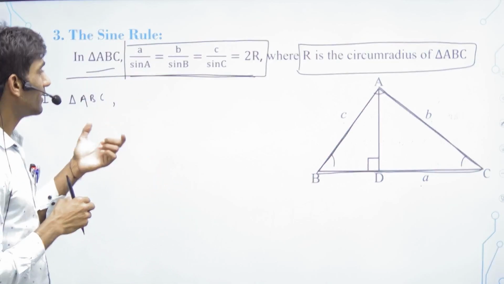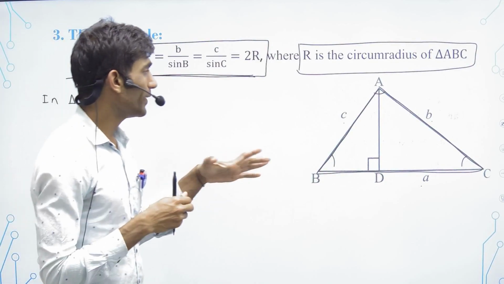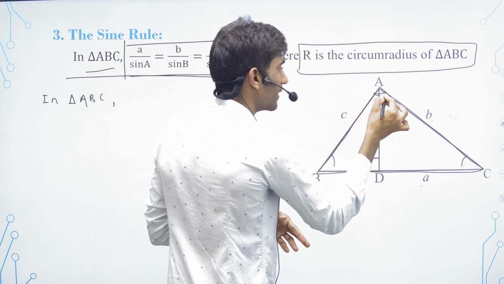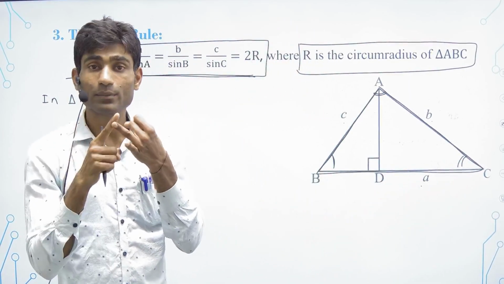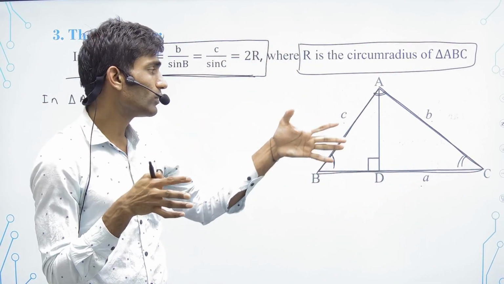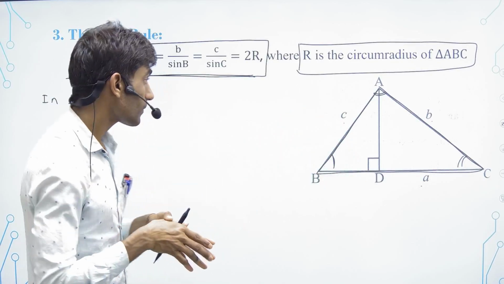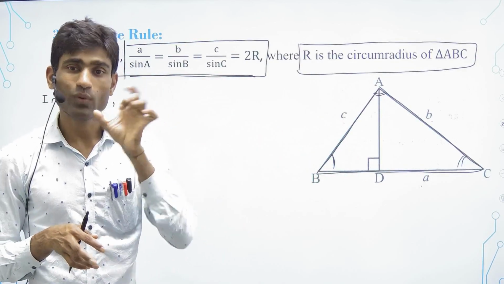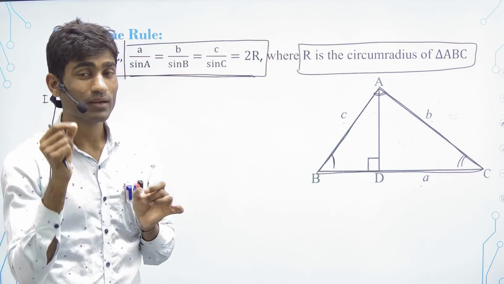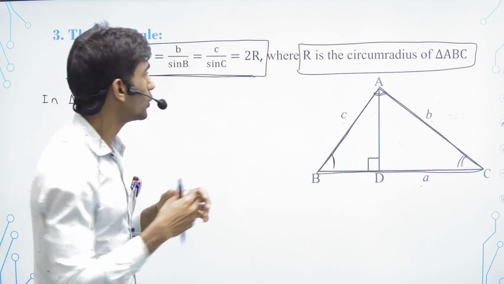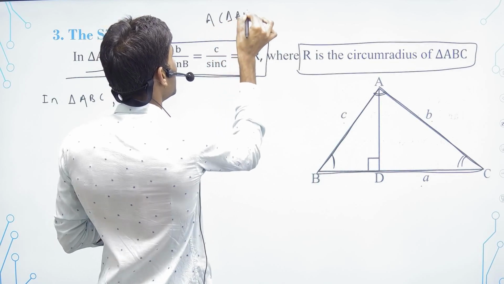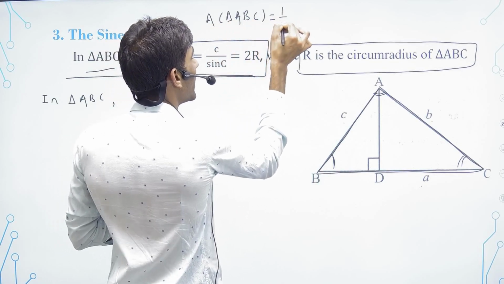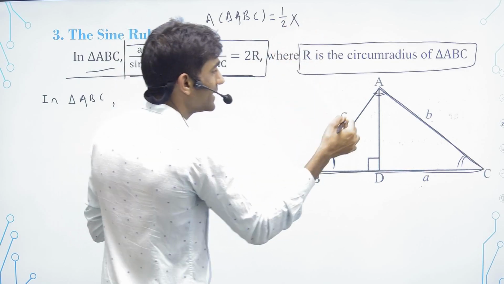Using that triangle, first of all we take the separate angles, angle A, angle B and angle C, and then we'll find the values for these angles. Before starting our proof, I want to prove one result for the area of a triangle. As we know, the area of triangle ABC can be written as 1/2 into base into height.